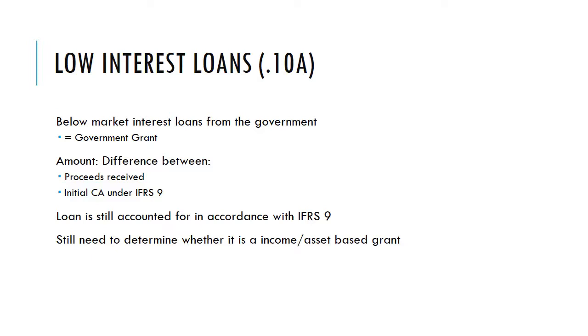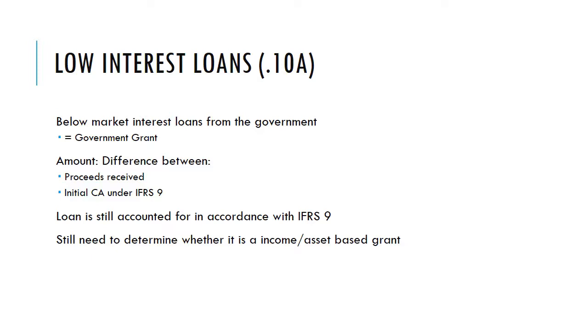What amount are we going to determine for this grant? The amount is the difference between the proceeds received and the initial carrying amount under IFRS 9. You know how to calculate the fair value of these loans. You have done it before. So we are going to focus on the government grant.